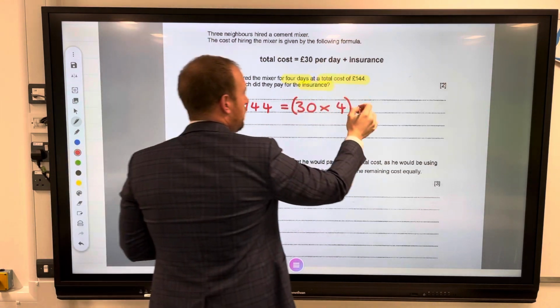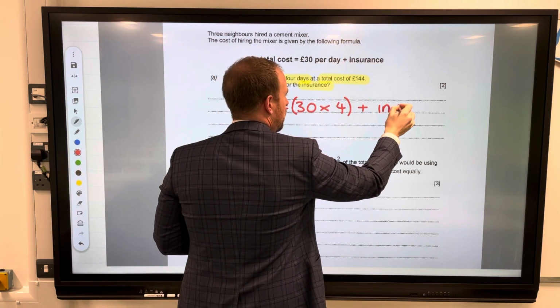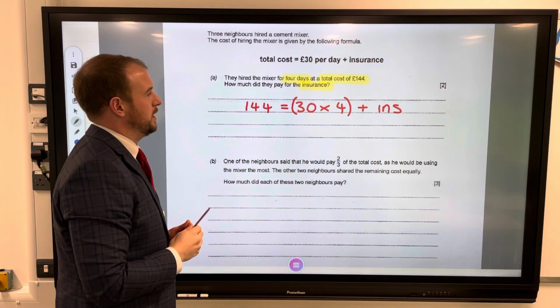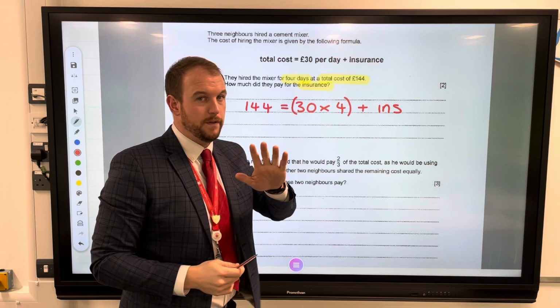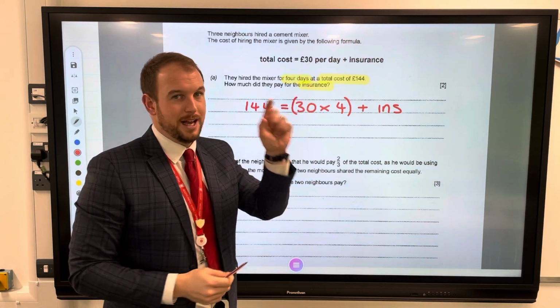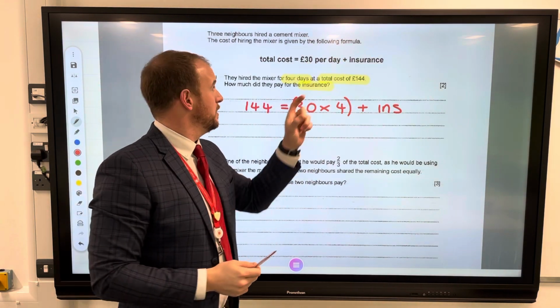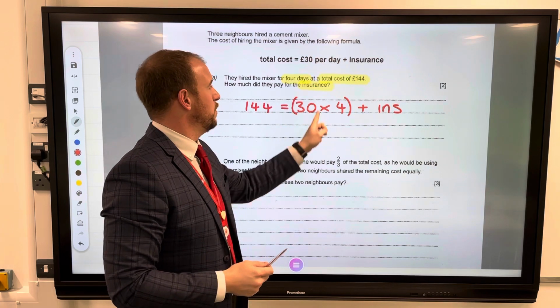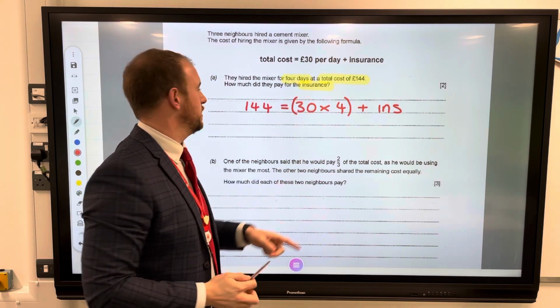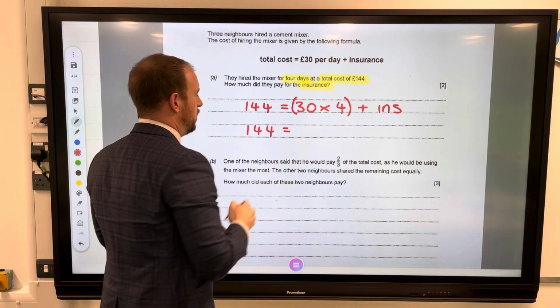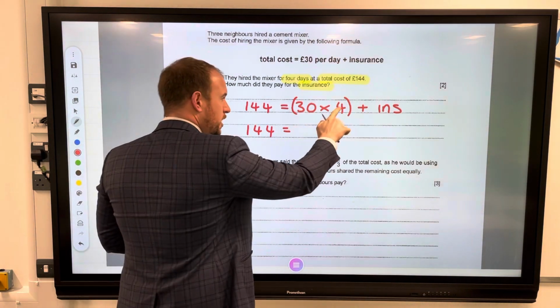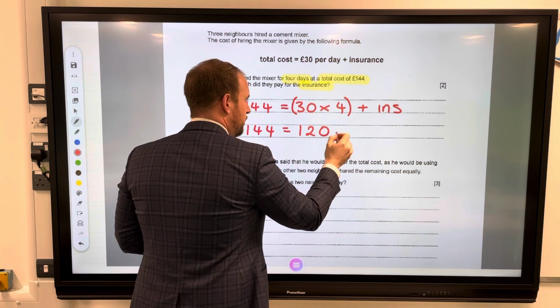Then we've got the insurance, which we don't know just yet. I've put this in brackets, not to confuse you, but just to show where the substitution happened. So I've got 30 times 4, £30 for 4 days. Now we have a total cost of £144. 30 times 4 is 120.